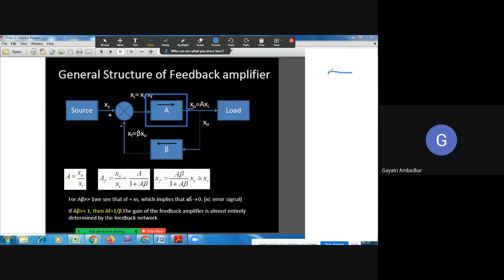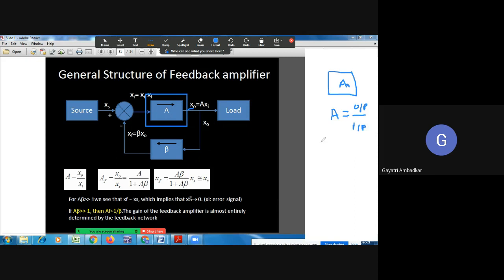If I say this is an amplifier without feedback, I will call its gain as A. It may be AV, voltage gain, it may be AI, current gain, it may be transconductance gain or transresistance gain. What is that? I will let you know. So remember, A indicates gain without feedback. So this is an amplifier and its gain without feedback is A. Remember always, gain is equal to ratio of output parameter to the input parameter.